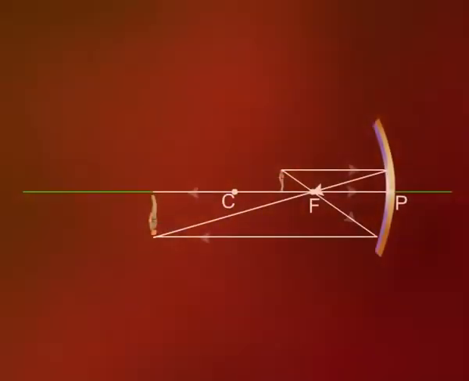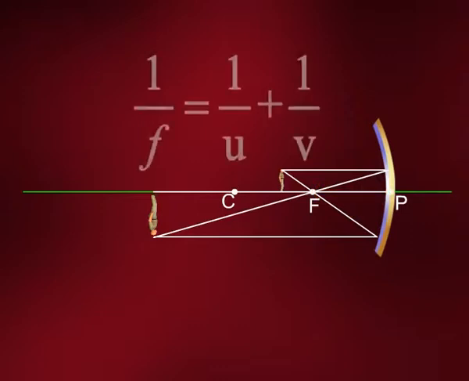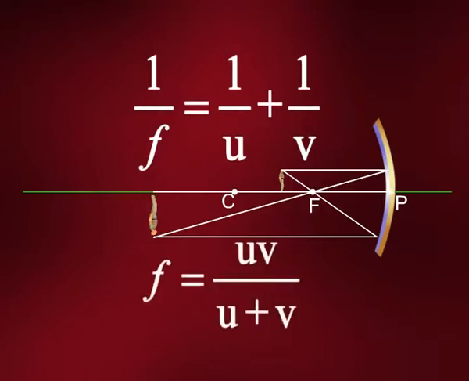Theory: the relation between the object distance u, the image distance v, and the focal length f of a concave mirror is given as 1/f = 1/u + 1/v, or f = uv/(u + v).